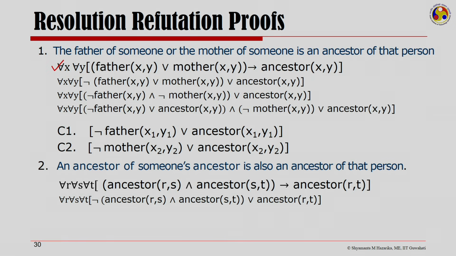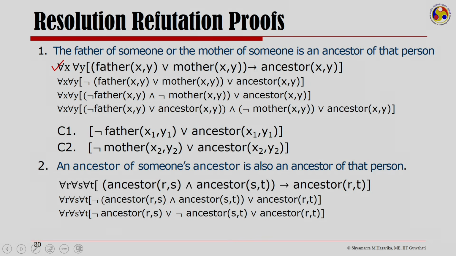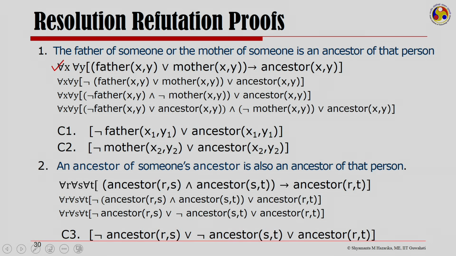Now, you replace the implication first, then you have negation and an and, and you rewrite it using De Morgan's as not of P or not of Q, and this portion is already not of ancestor r comma t. So, we have one clause coming out of our second statement, and this is the clause.